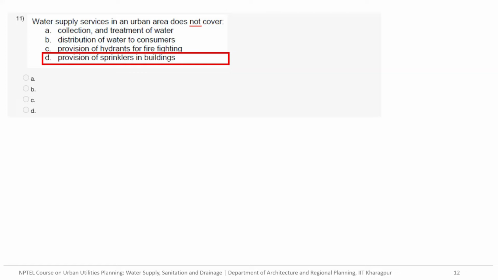The consumer will be provided with an amount of water, or with water supply essentially, and the provision of sprinklers within the building will be under the purview of the individual or the organization that the building belongs to. In fact, fire hydrants which are going to be there on street will be provided by the government.